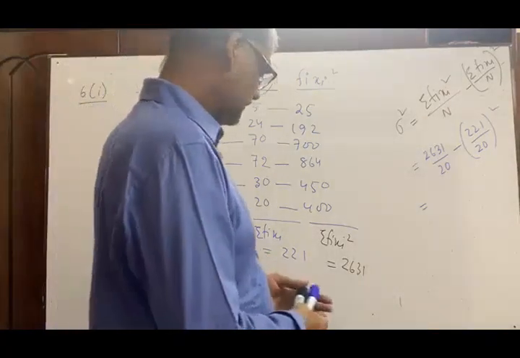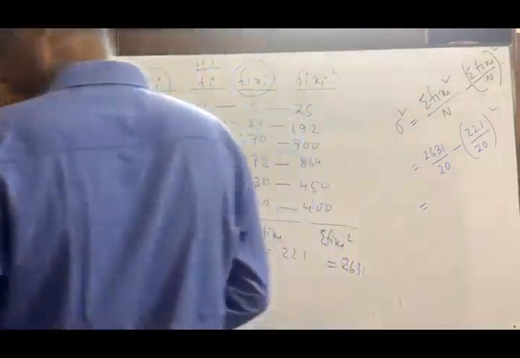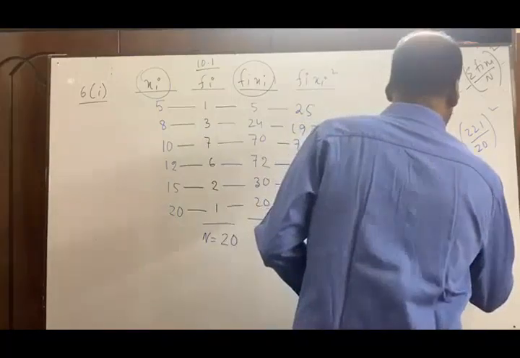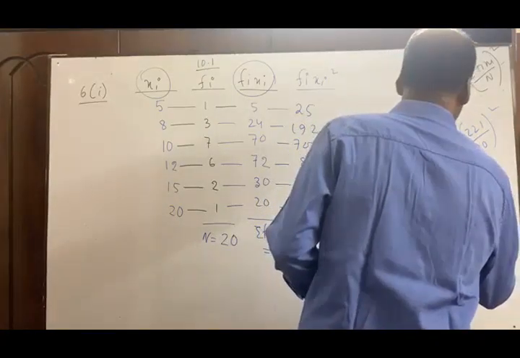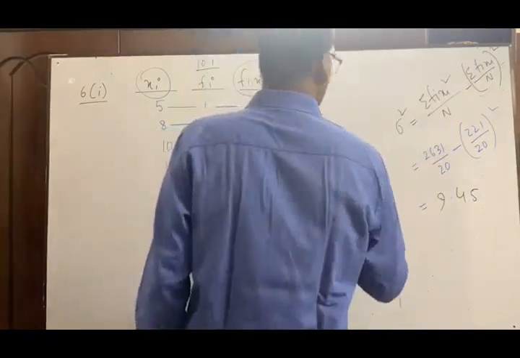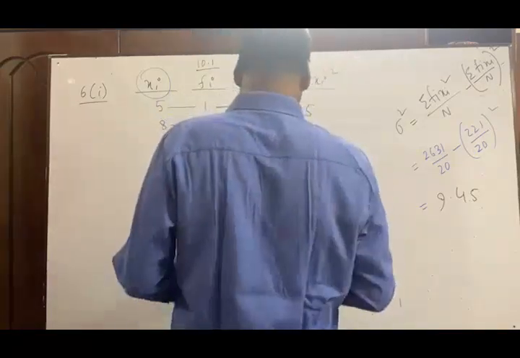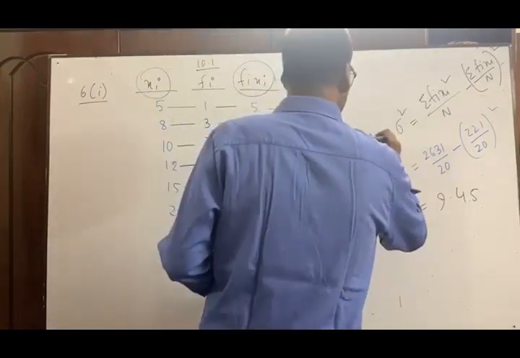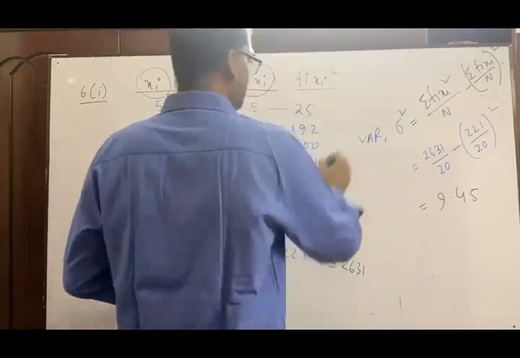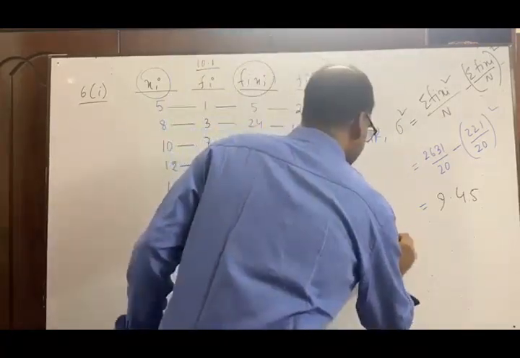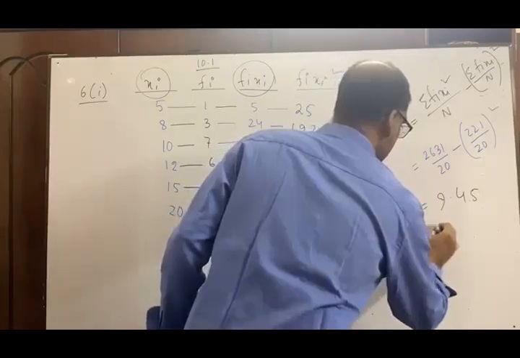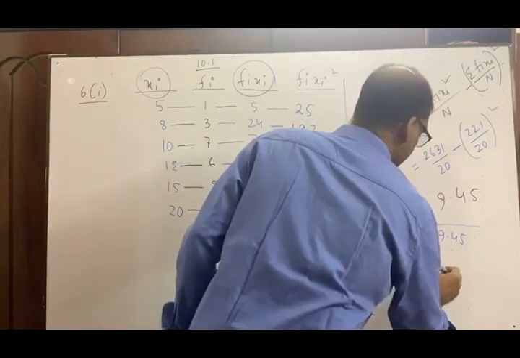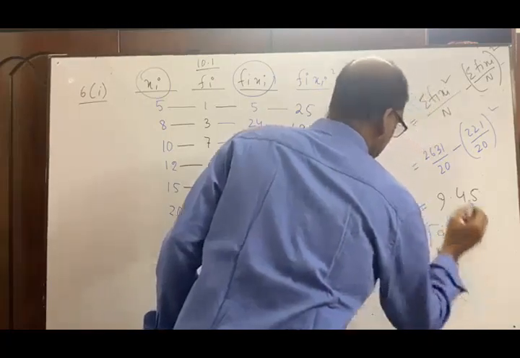Okay, your result will be 9.45. What we have found is called variance. Now you find standard deviation, which is root over 9.45, equals 3.07 approximately.